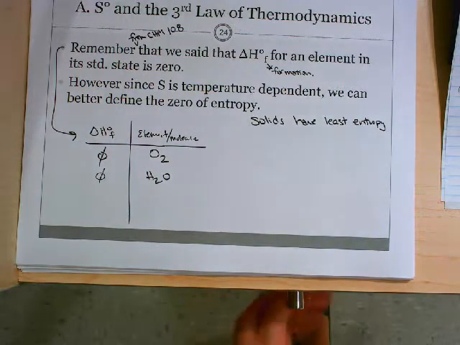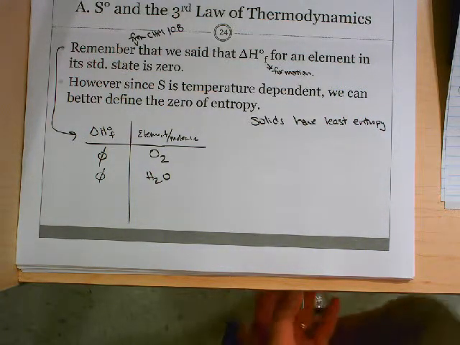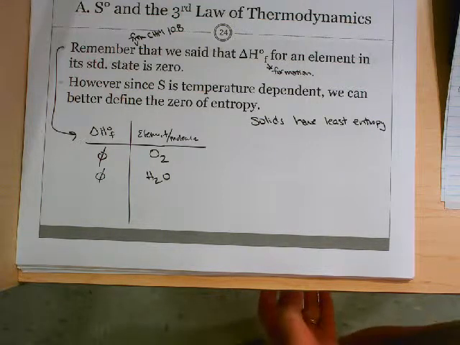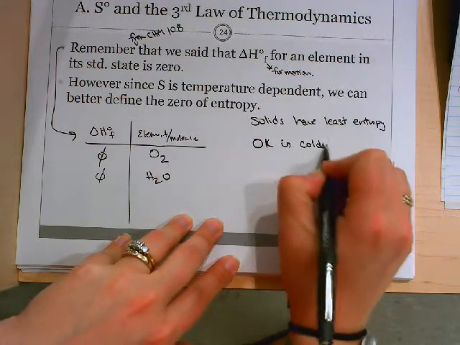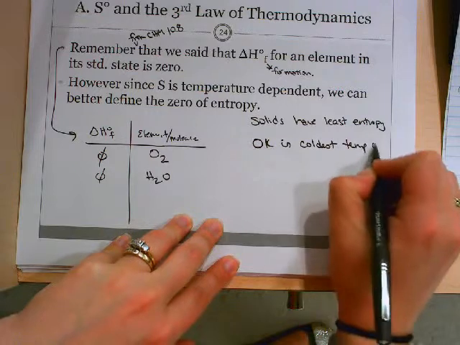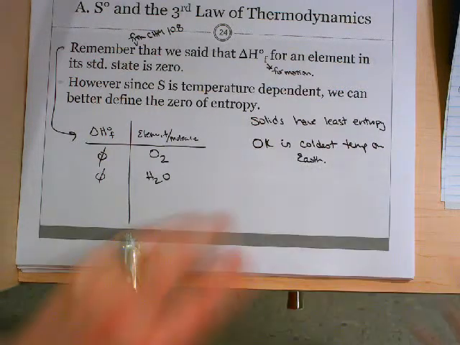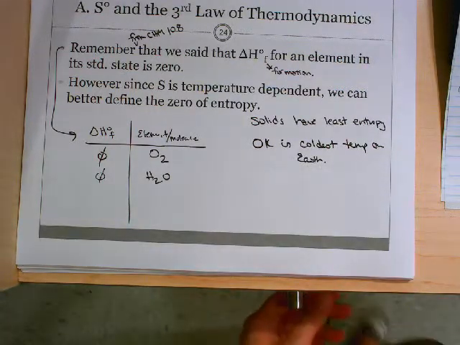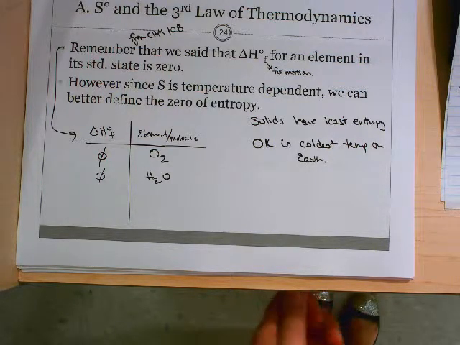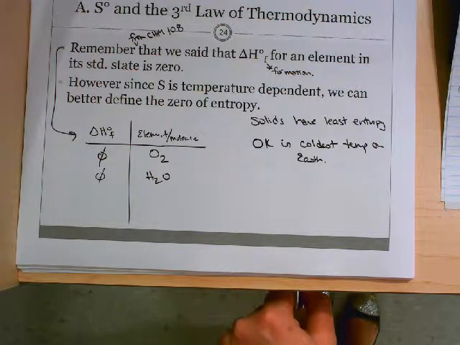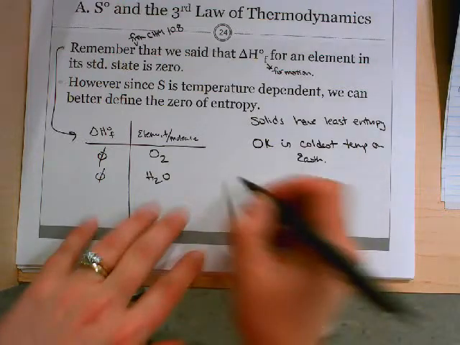If you were thinking of the coldest temperature that exists, what temperature would that be? 0 Kelvin. So where should I look at a molecule to find where it's the absolute least entropy? A solid at 0 degrees Kelvin. So that's what the third law of thermodynamics states.